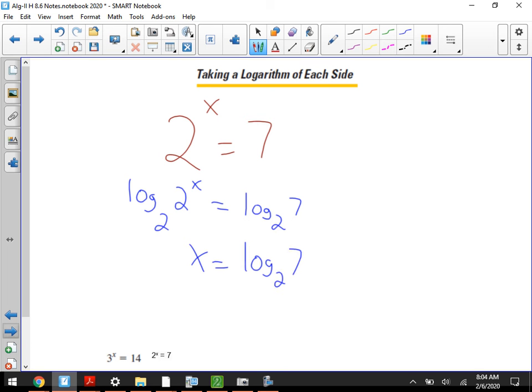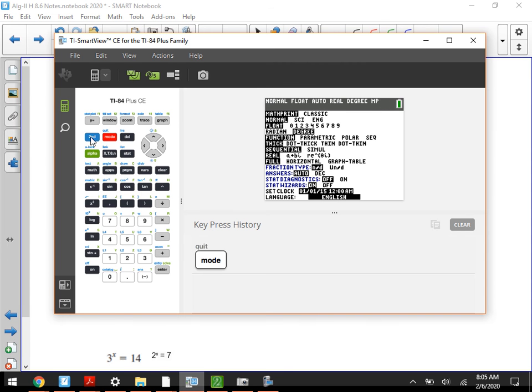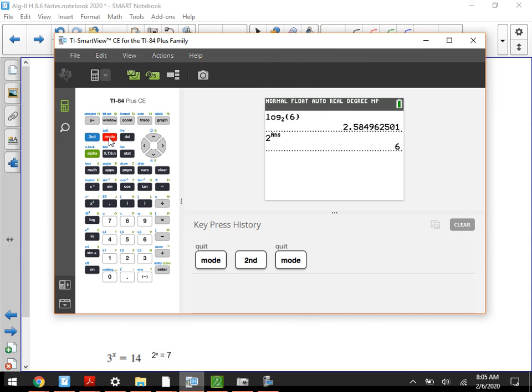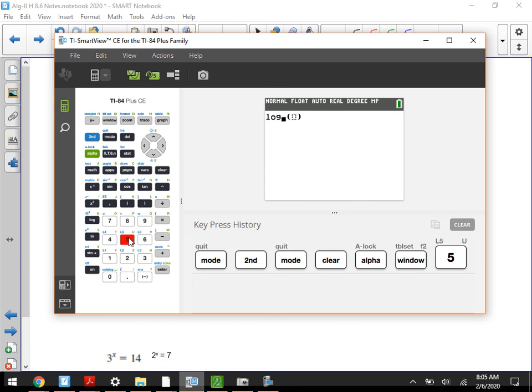So that means your value of x has to equal whatever the log base 2 of 7 is. Well, depending upon if I want to let you have a calculator or not with something like this, I can have you leave that as an exact answer without a calculator. If I ask you to give me around 2 decimal places, this is when you press buttons. Okay. So in this case here, we have, alpha window 5, log base 2 of 7.